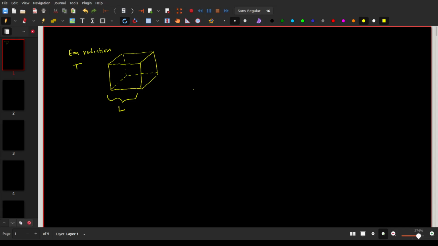By number of modes, we mean all independent solutions of the wave equation corresponding to the electric field, and the wave equation is del square E equals 1 by c square del square E by del t square. This is the wave equation corresponding to the electric field.